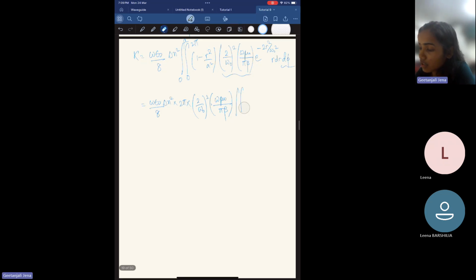Now it will be a single integration over r of 1 minus r square by a square, r dr, e to the power minus 2 r square by omega 0 square.